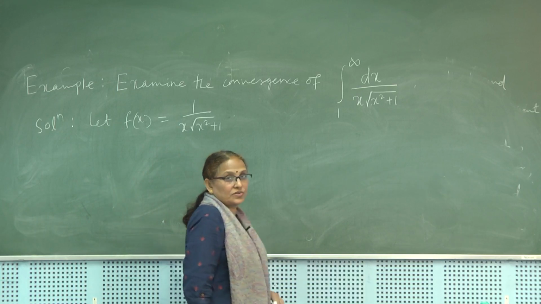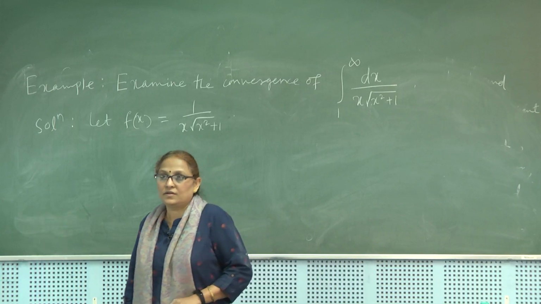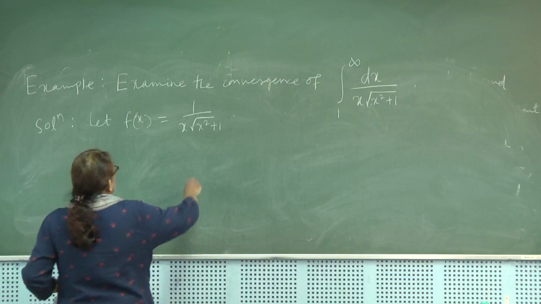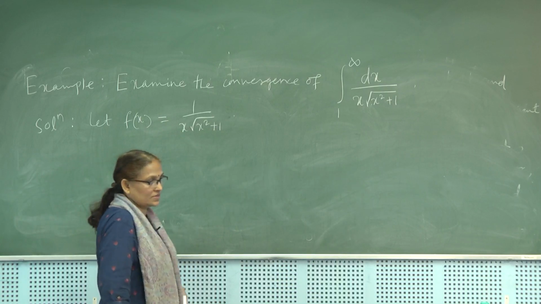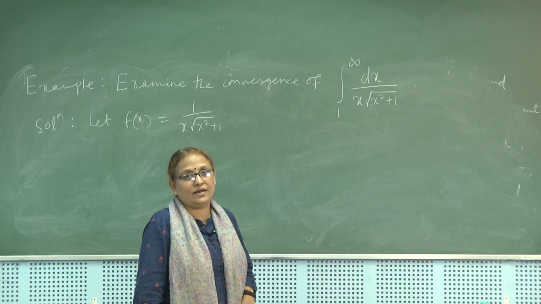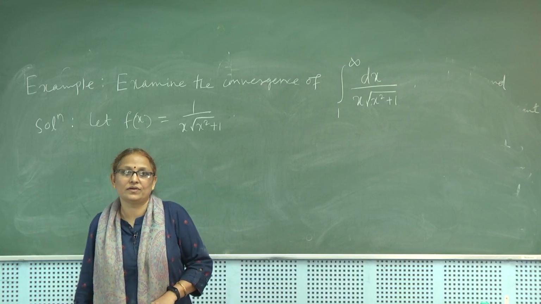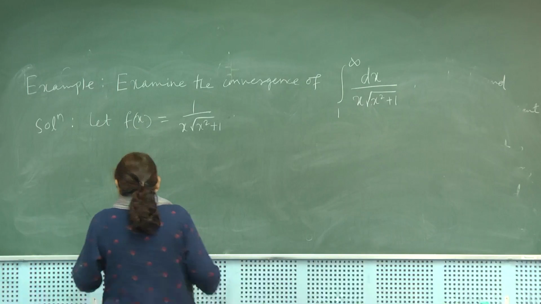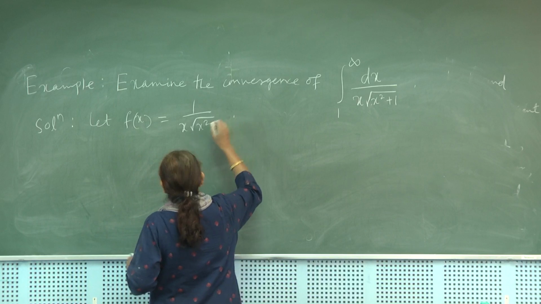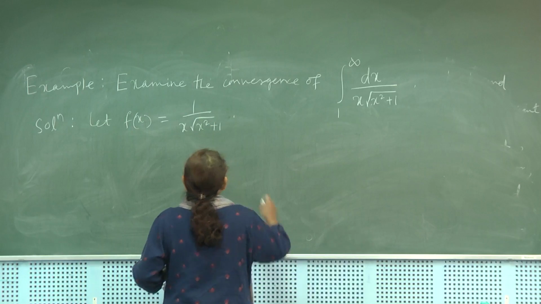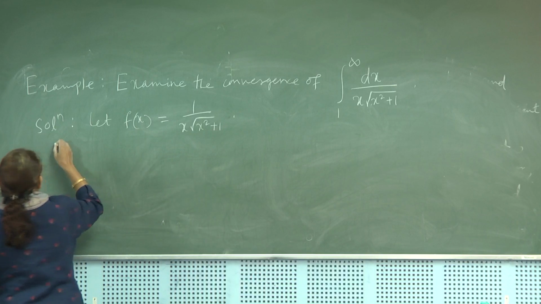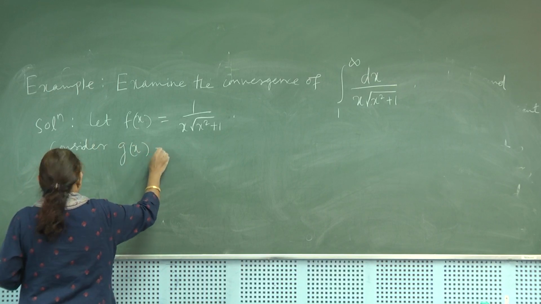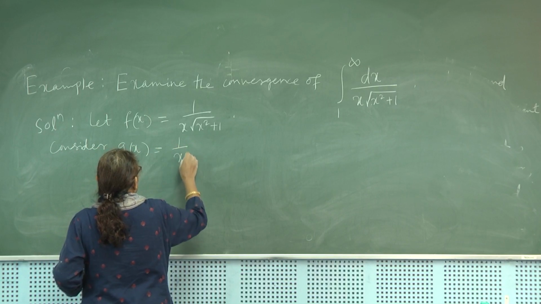We shall use the comparison test. Therefore, I have to choose another function g x suitably and then consider the ratio of f x by g x, and then the limit x tends to infinity, of course. So, here I shall select g like this: consider g x equal to 1 upon x square.